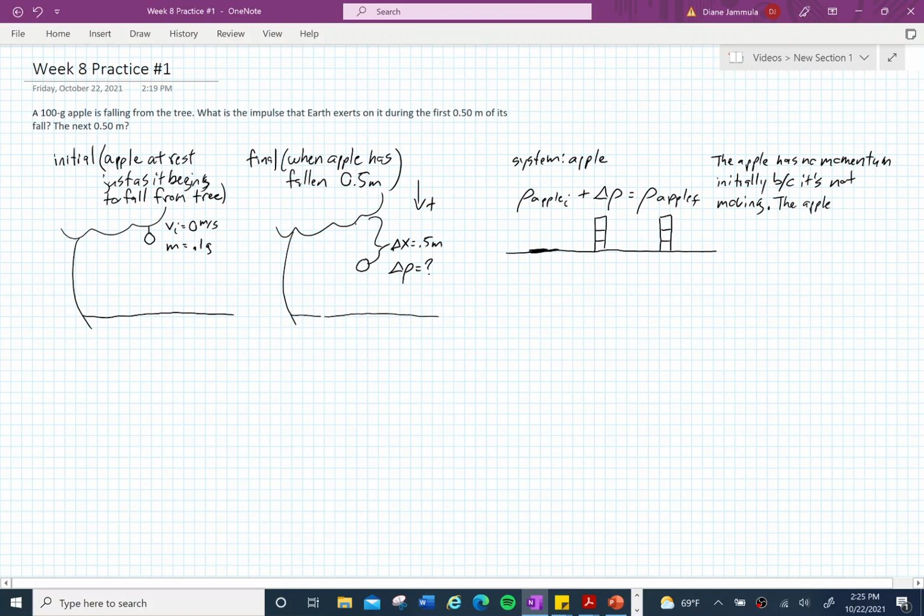The apple has momentum in the final moment because it is moving.